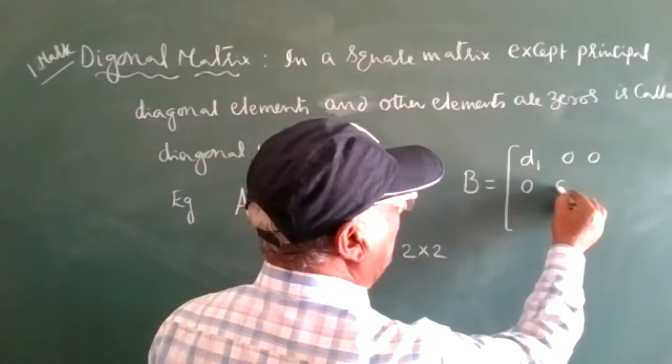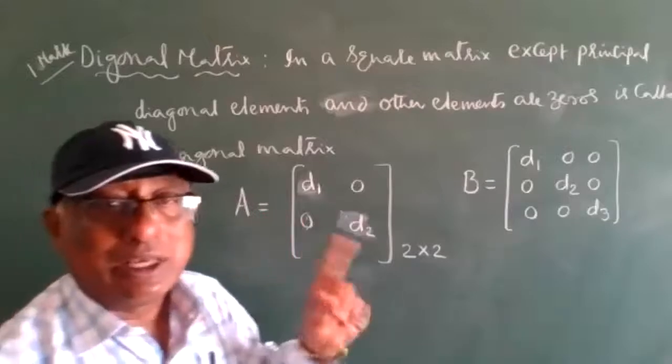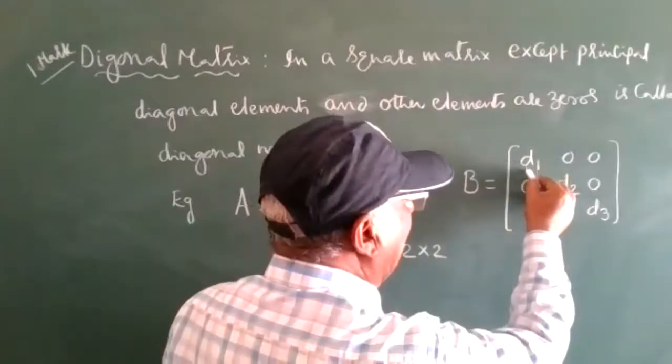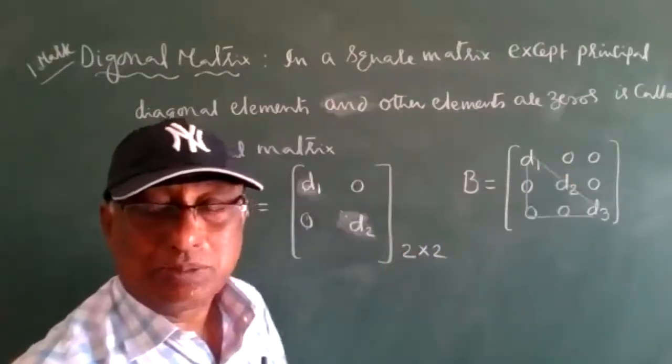The principal diagonal means the first element diagonal. We cannot consider the other diagonal, only the principal diagonal. This draws a right angle triangle, and the principal diagonal forms the hypotenuse.